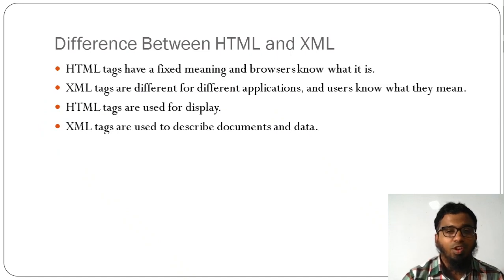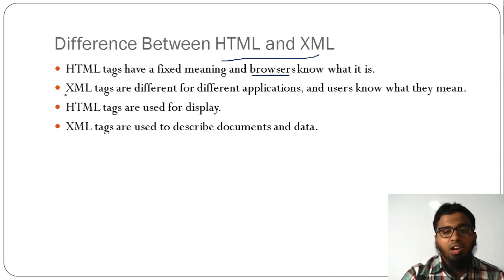Let's see the difference between XML and HTML. First, HTML tags have a fixed meaning, and browsers know what it is. Means whatever you are writing, HTML tags are predefined tags, and the browser knows everything about the HTML tag, what to do. In XML, tags differ from application to application, and the user knows what they mean.